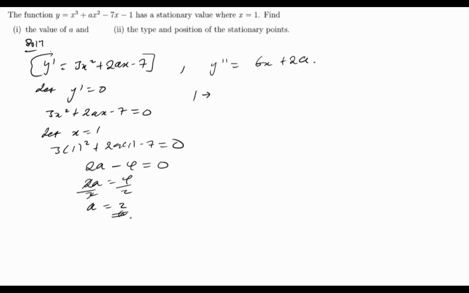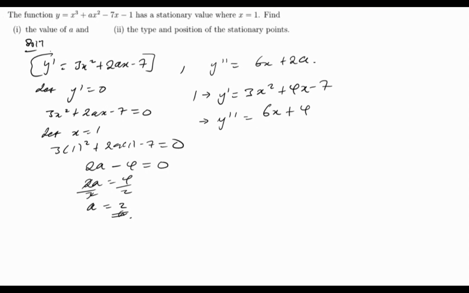Therefore, y prime is going to be equal to 3x squared plus 2 times 2, giving you 4x, then minus 7. Then y double prime will be equal to 6x plus 4.